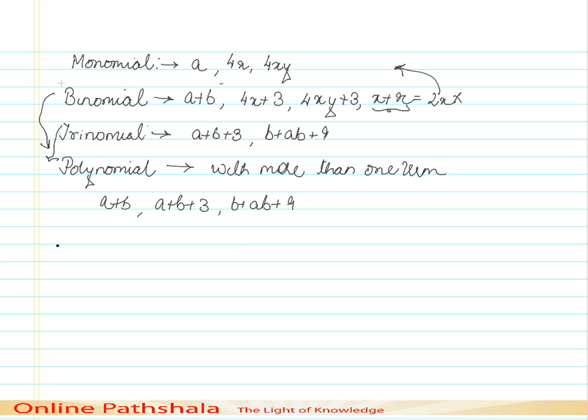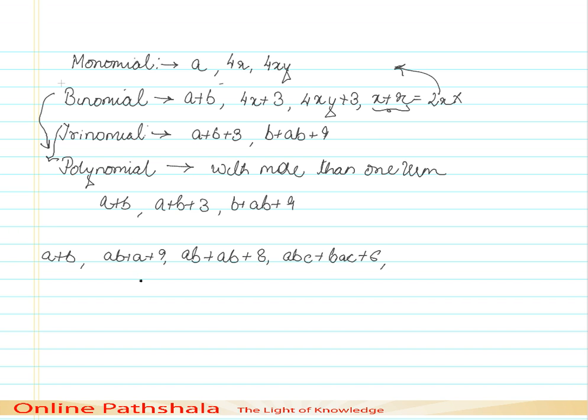Now I'll give you some examples for both like and unlike terms and to distinguish between monomial, binomial, trinomial and polynomial. So here is a group of examples. You have to actually decide which of them is which.